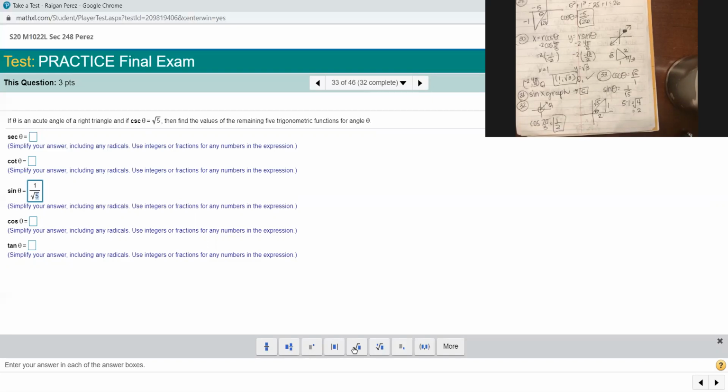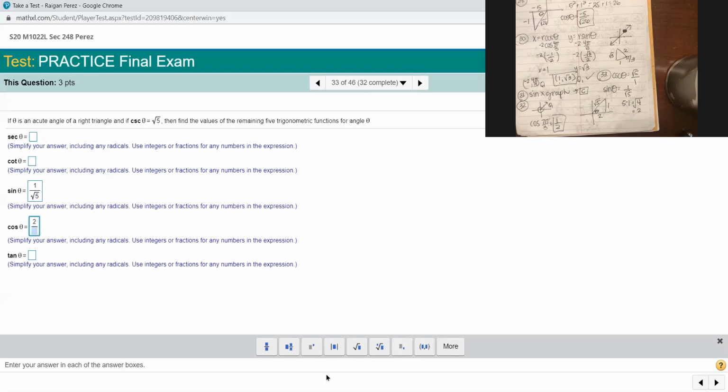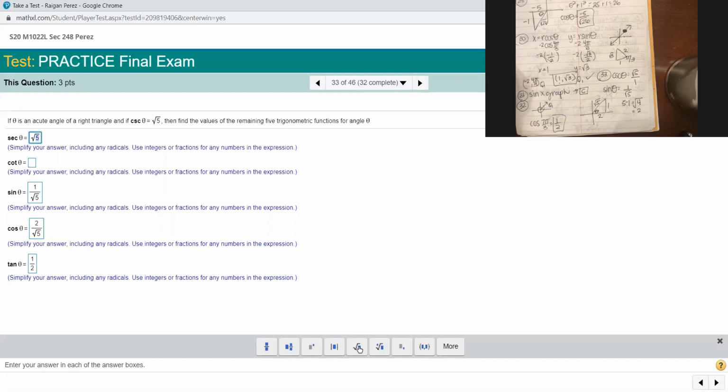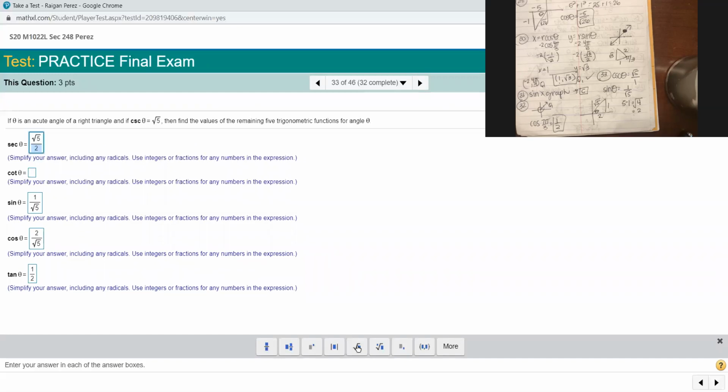Now I know that cosine is 2 over square root of 5, and tangent is 1 over 2. Then these are the reciprocals: secant is the reciprocal of cosine, so this is going to be square root of 5 divided by 2. And cotangent is going to be 2 divided by 1, which is 2.